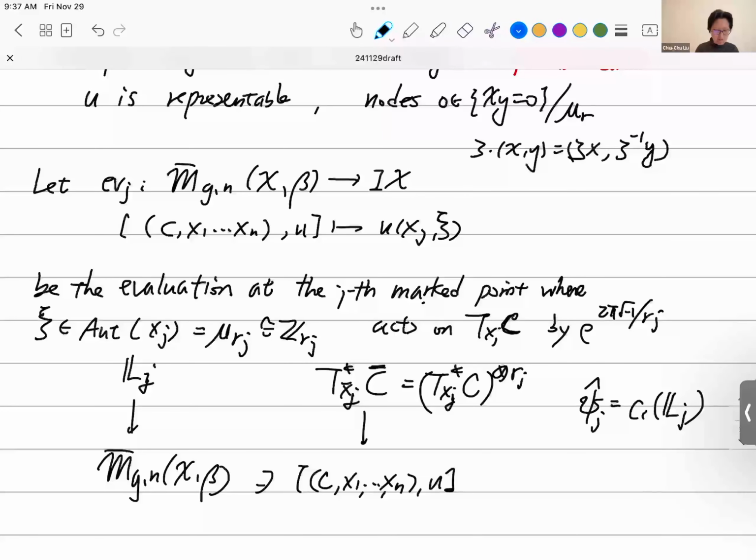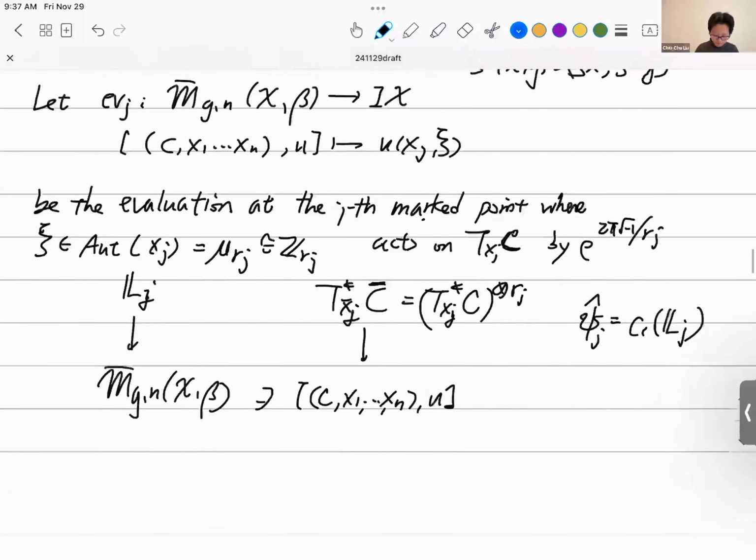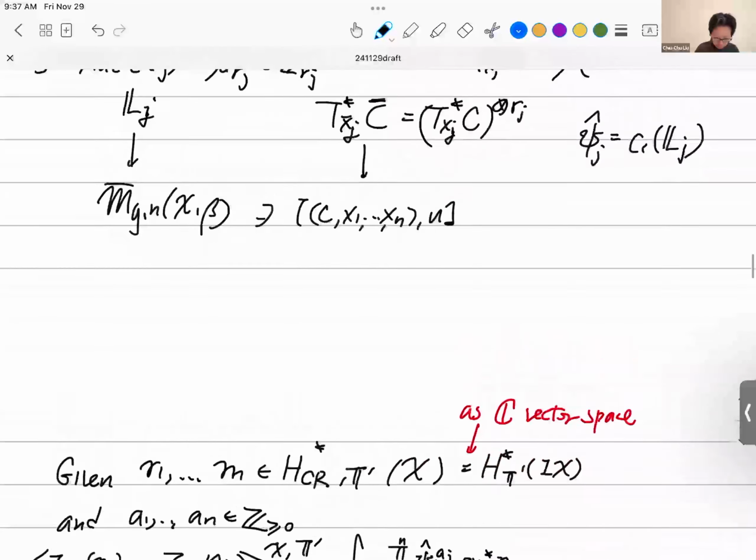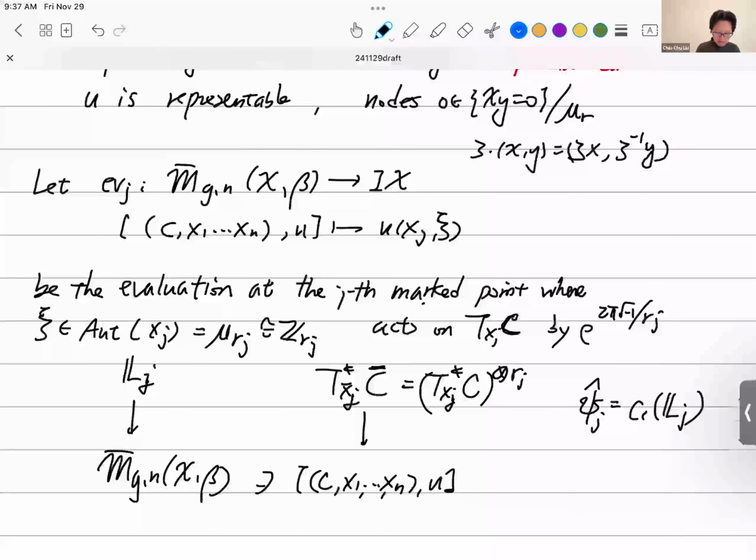We consider the line bundle, which is actually the cotangent line of the coarse curve. So it's some power of the cotangent line of the orbifold curve. It just behaves better if we use this. So the psi class, we call it psi_j hat, is the c_1 of this L_j. So it's the cotangent line of the coarse curve. Okay, so now also you see that.